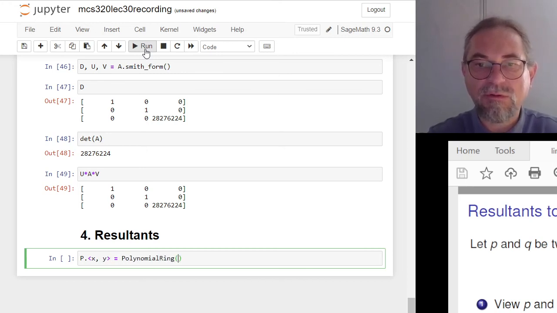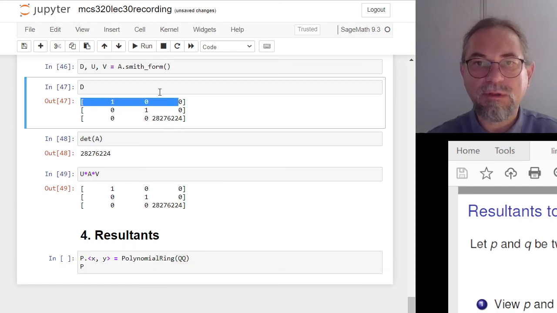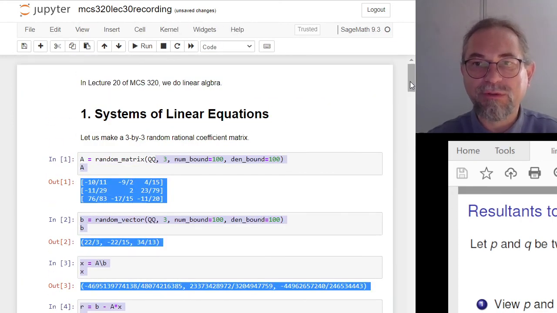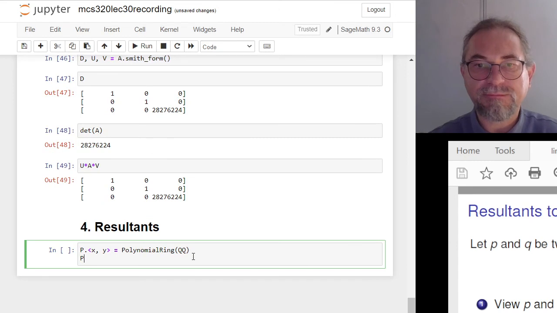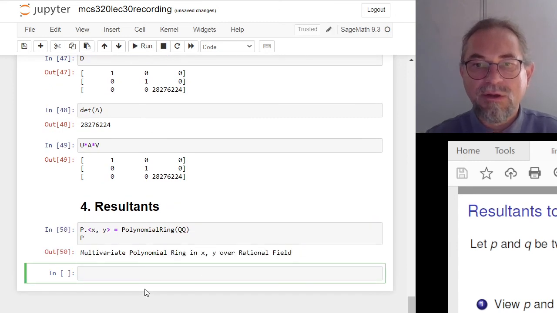So we consider a polynomial ring P over the rational numbers, and I will generate two random polynomials. One I call little p, a random element of degree 2 and with 5 terms.